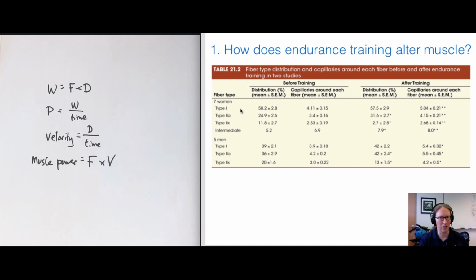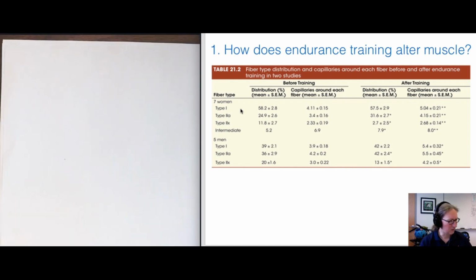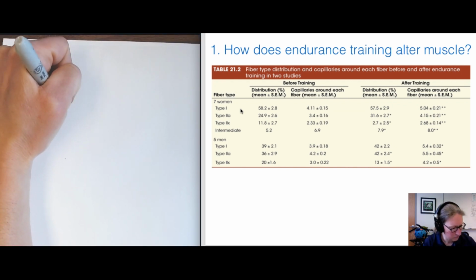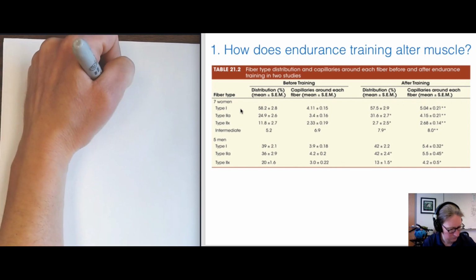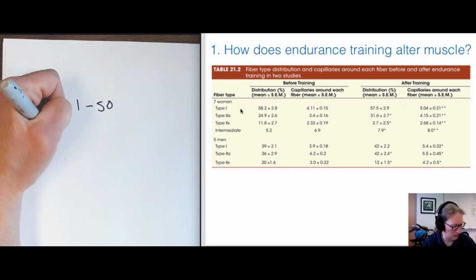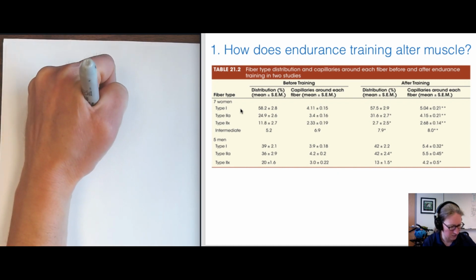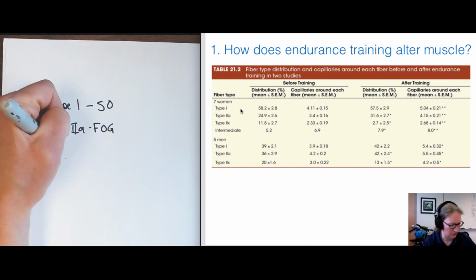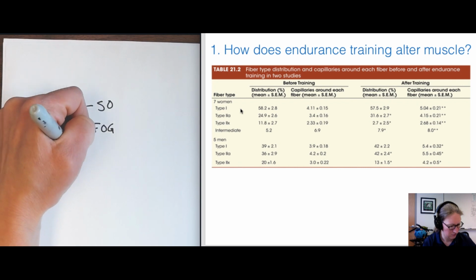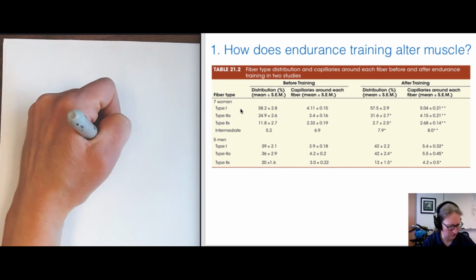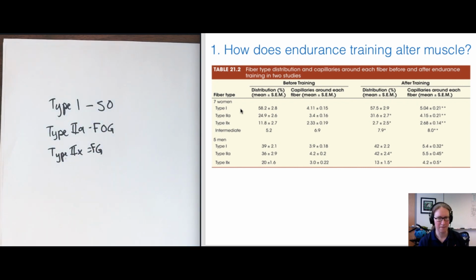So again, type 1 are the slow oxidative fibers. Type 2A are the fast oxidative glycolytic fibers, and then type 2X are the fast glycolytic fibers. Okay, so notice in women that initially type 1 fibers predominate in muscle.